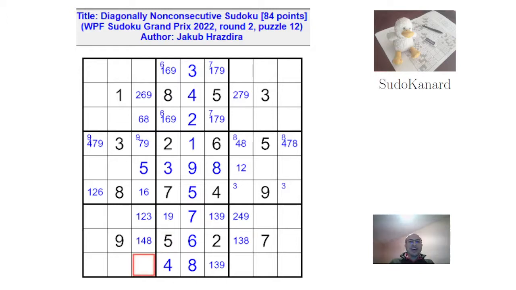That's the moment I'm getting a bit stuck. What about 7 on this column? Because of 8, 7 is not here. Could be here. Could be here. Well, so 7 is on the bottom side of things, I guess.